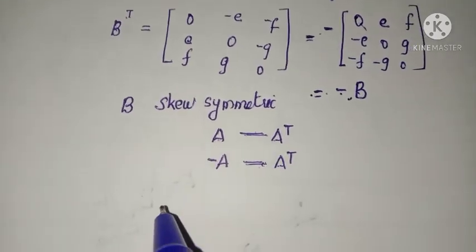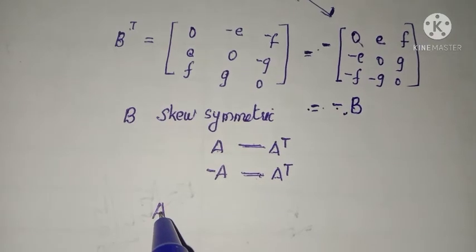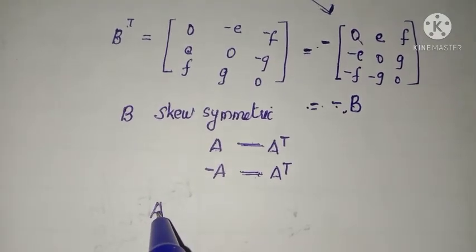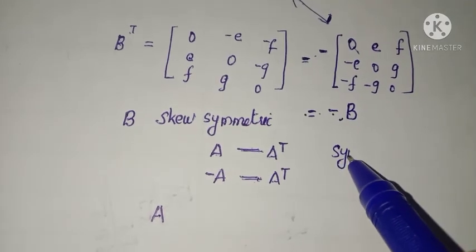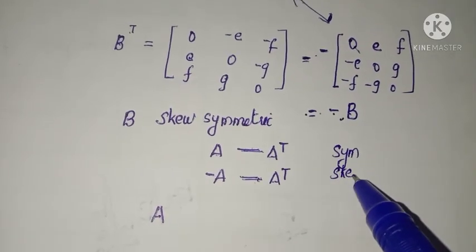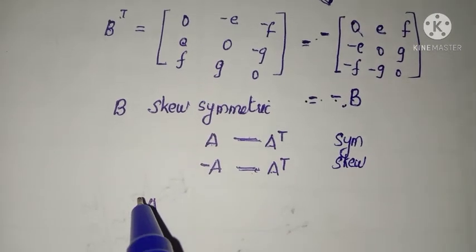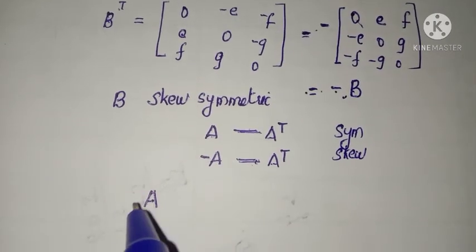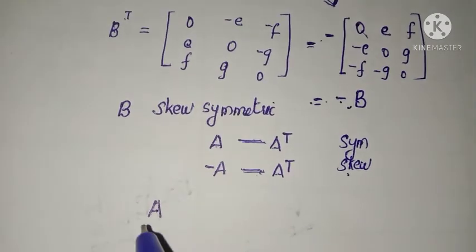Now there is an important theorem. Listen. Suppose we have a square matrix A, then this square matrix can be expressed as the sum of symmetric and skew symmetric matrix. It's very important. Every square matrix can be expressed as the sum of symmetric and skew symmetric matrix.